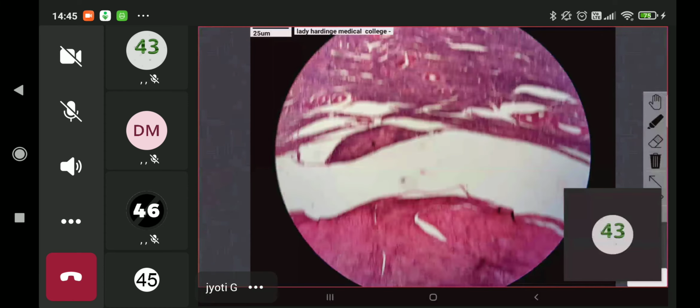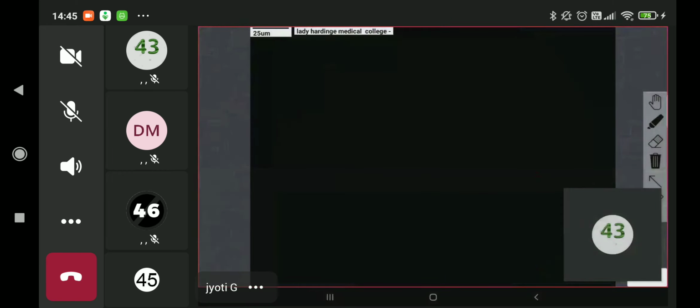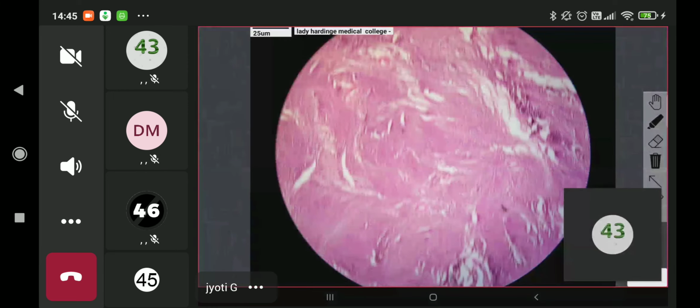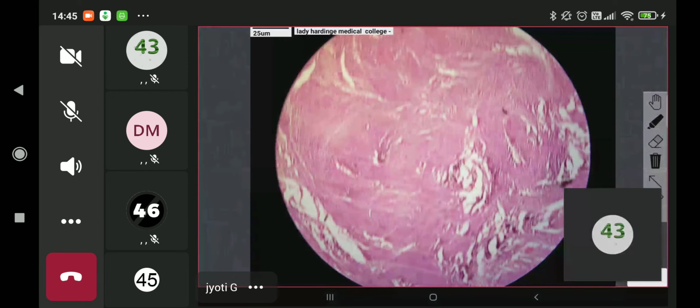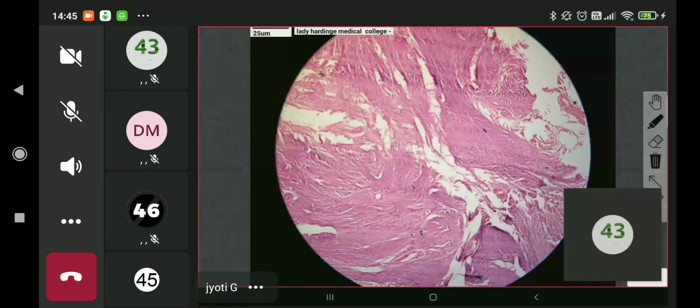Okay. So this is the section from the uterine wall. So what is the leiomyoma? It is a tumor derived from what? Is it benign or malignant?